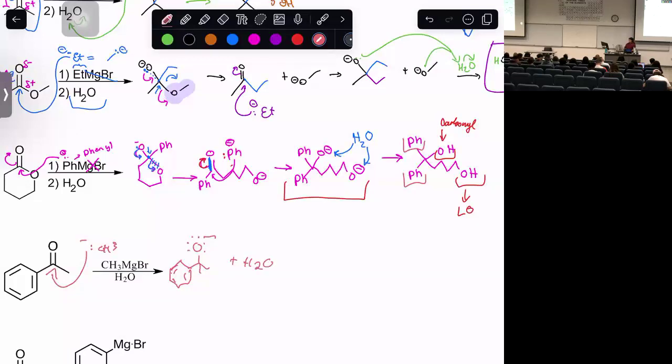And we kicked up the electron so that oxygen has a negative charge. And now no leaving group, so we can just finish off with an acid-base reaction. So now I just have my tertiary alcohol group, and that's it. Great job. Questions on that? This one was easier to follow.